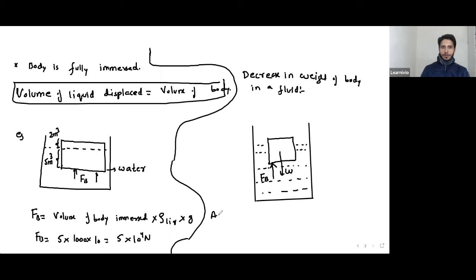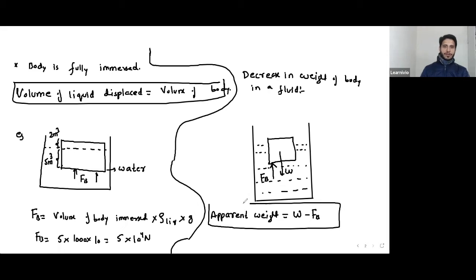So the apparent weight of the body is equal to weight minus buoyant force. So the decrease in weight of the body is equal to the buoyant force. If the buoyant force is 2 Newton, then weight will decrease by 2 Newton. This is the decrease in weight of the body.